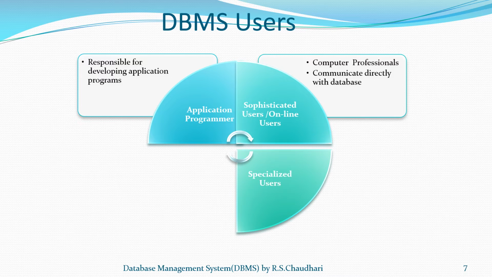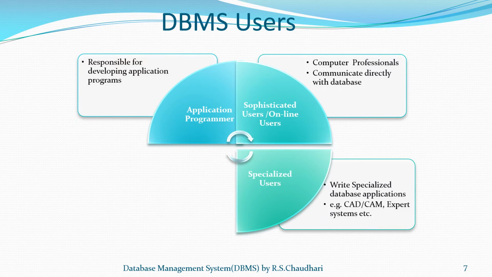Third type of user is specialized users. They write specialized database applications which do not fit into the traditional data framework. For example, computer aided design systems like CAD or CAM, which are used for engineering or architecture based tasks. Then second example is knowledge base and expert systems. These are related to particular specialized systems.